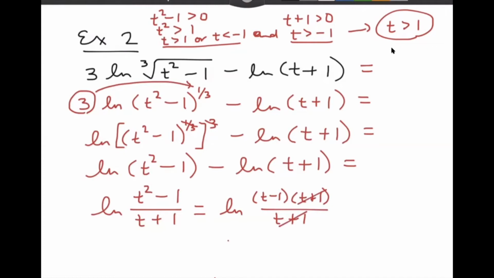Oh, never mind, we're good. I was just going to point out that the simplified expression should have the same domain as the one that we started with, and it does. So we're good. This expression simplifies down to natural log of t minus 1. All right. Better safe than sorry.